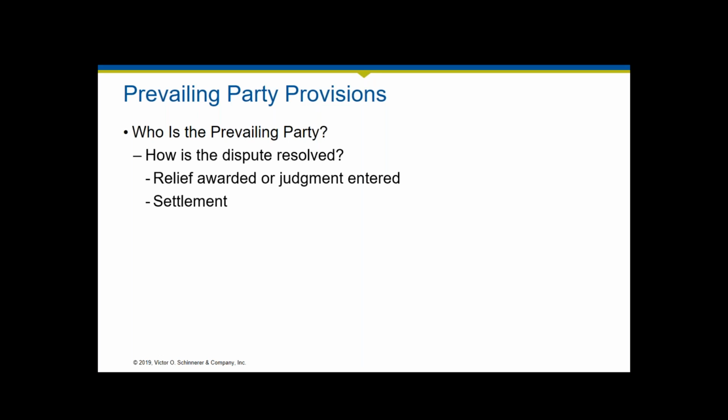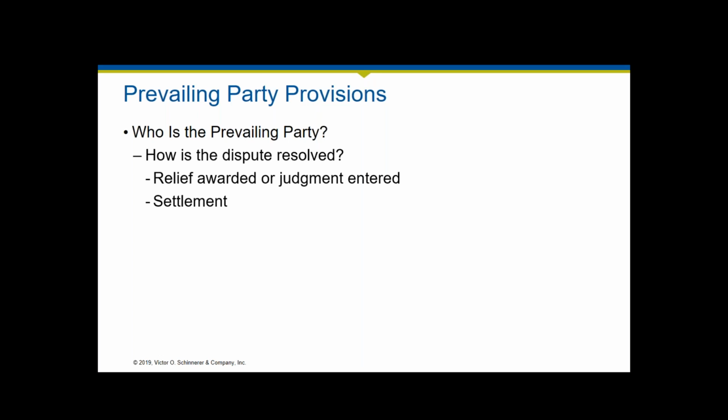In some cases, we've seen cases where you may only win nominal damages. Indeed, the other party may be responsible, and let's say they're responsible for, say, $10 of damages. But if you are still prevailing in that sense, you may still be entitled to your attorney fees. So those are some of the considerations that the courts would look at.